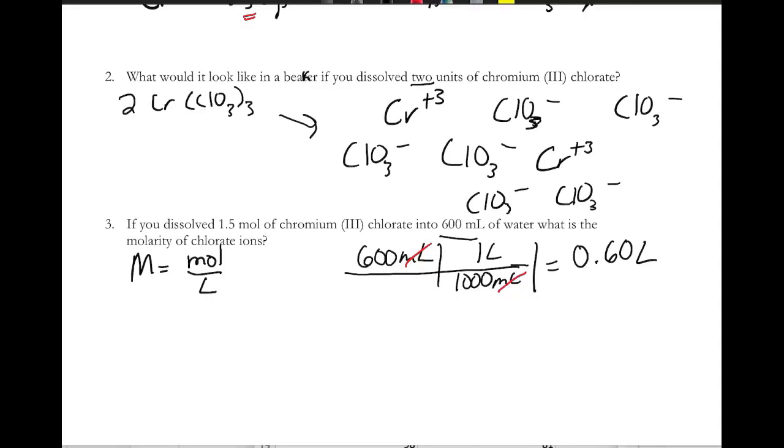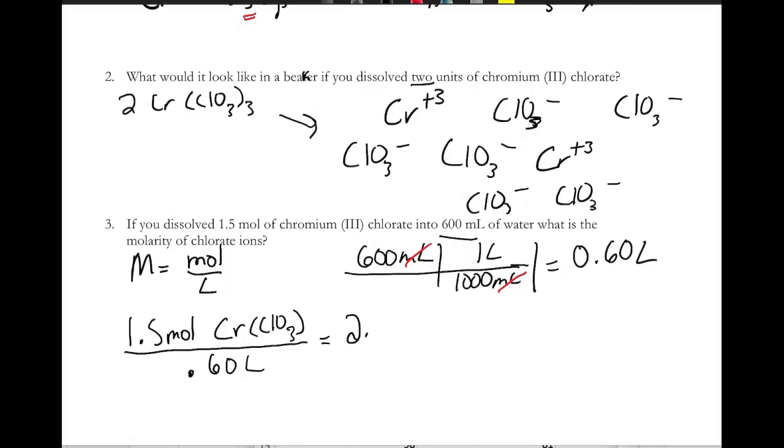And then I can go ahead and do my molarity. So I know if I have 1.5 mole of chromium chlorate in every 0.6 liters, this is going to tell me the molarity of chromium 3 chlorate.